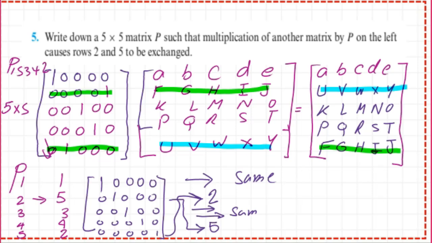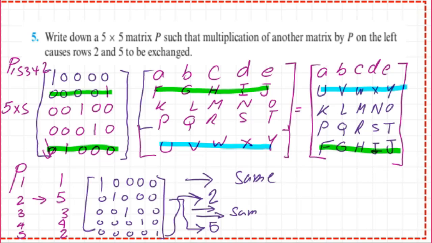Assume any numbering. Let us consider the 5 by 5 matrix to the right of the permutation matrix. This is A, B, C, D, E, F, G, H, I, J, K, L, M, N, O, P, Q, R, S, T, U, V, W, X, Y. Once we have 1, 0, 0, 0 in the identity matrix, it is the same. So we expect that A, B, C, D, E remain as they are.